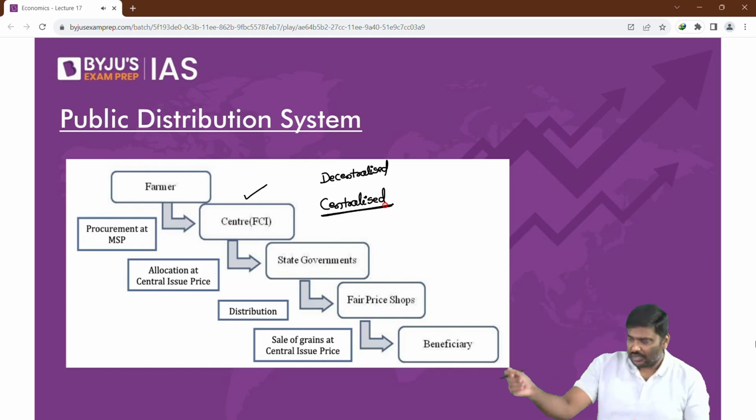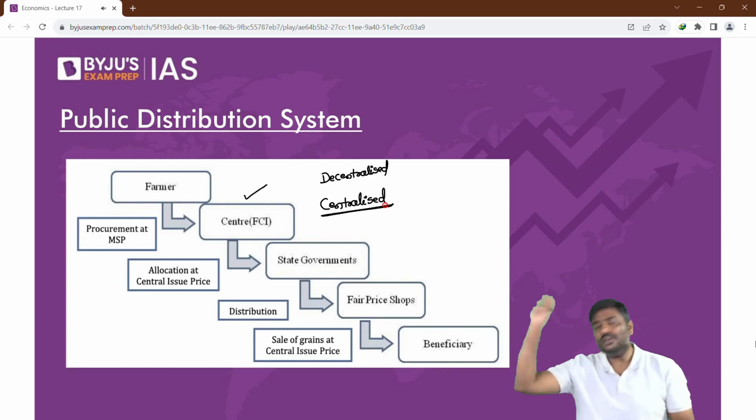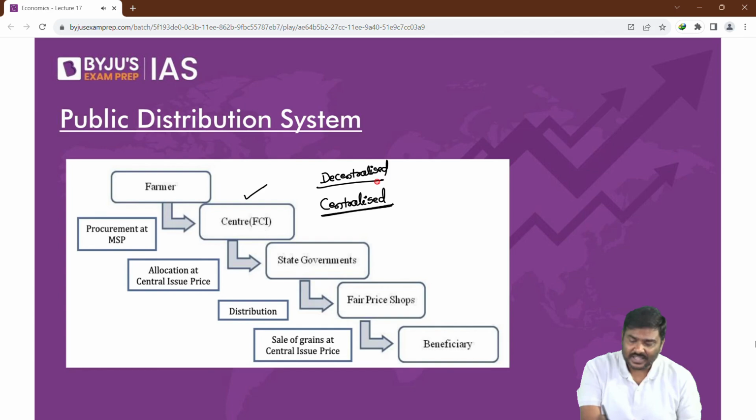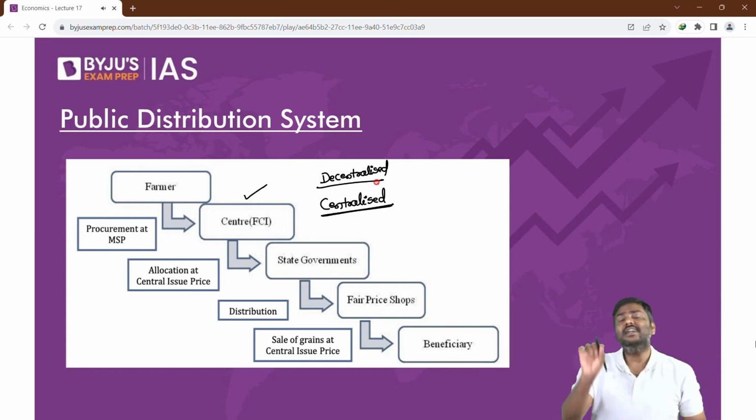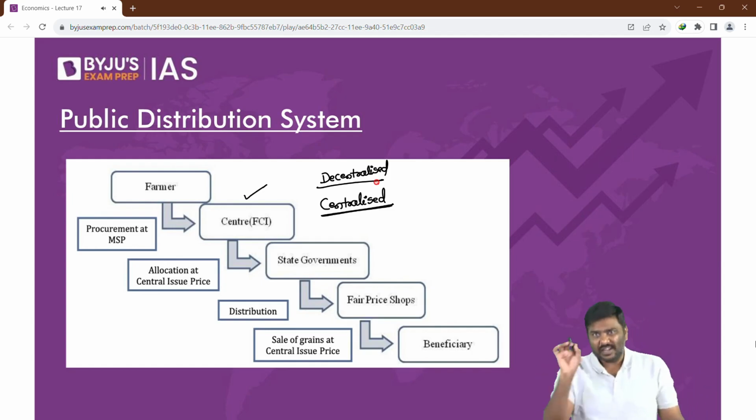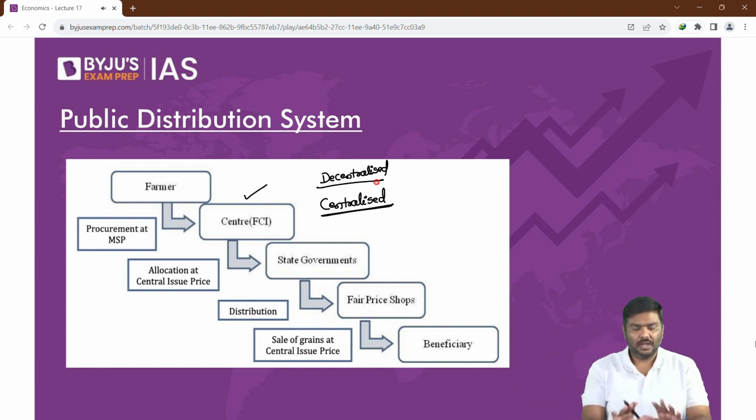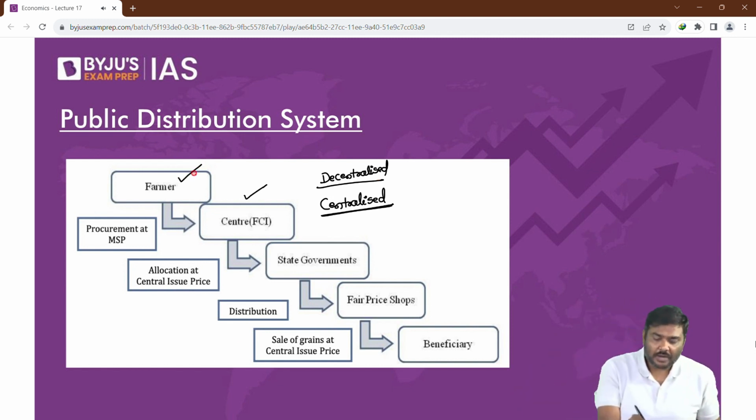Whereas in decentralized, the state government itself will purchase, store and distribute the food grains. For whatever activity the state governments do here, the central government will provide money. That is how centralized and decentralized activities are conducted.